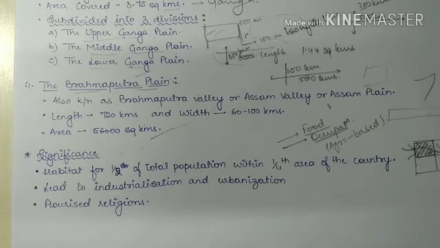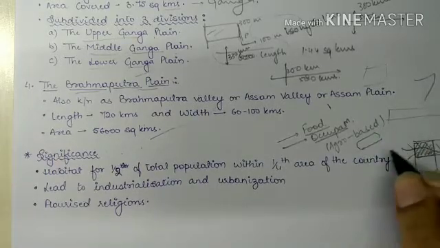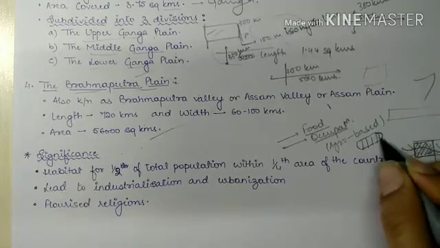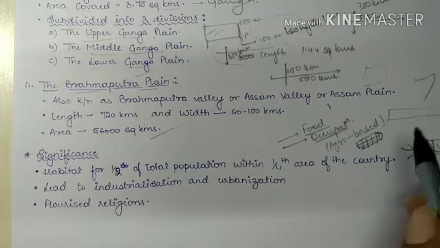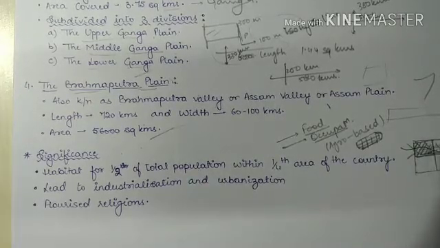Most of the food demand is satisfied by the agriculture produce of the Great Northern Plain. Now after that, except for desert, we have a close network of road and railways which leads to large scale industrialization as well as urbanization of these areas.